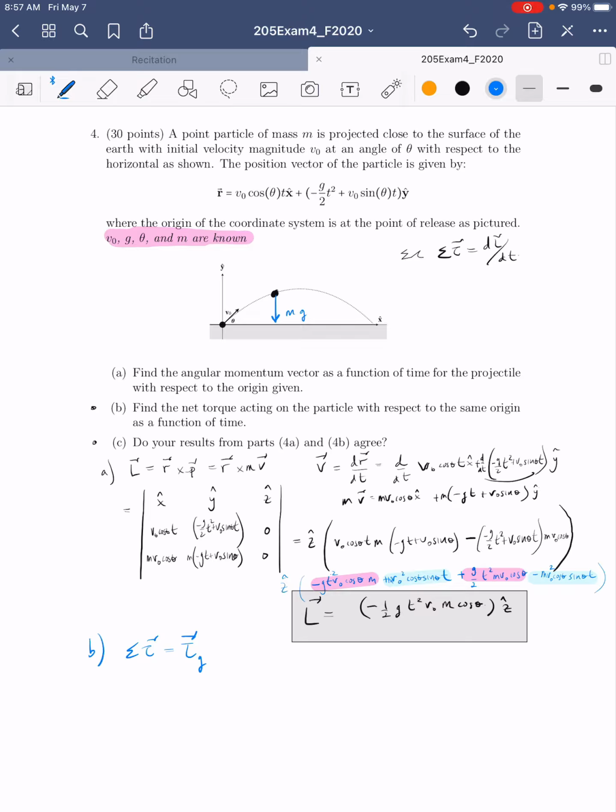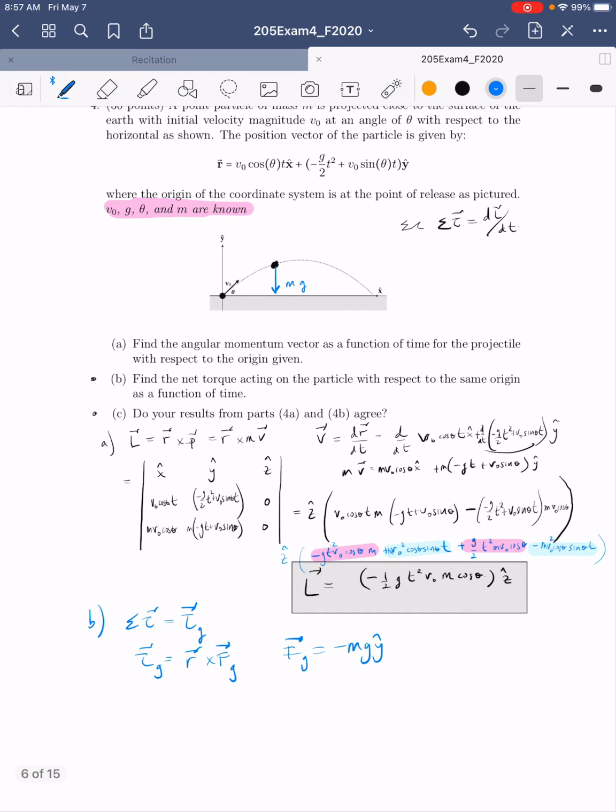I'm literally going to be looking at torque as r cross F, where F from gravity is minus mg y hat, with the coordinate system given in terms of this position vector. R is the position vector, and F here is gravity. And that's the net torque, only one force, super easy.